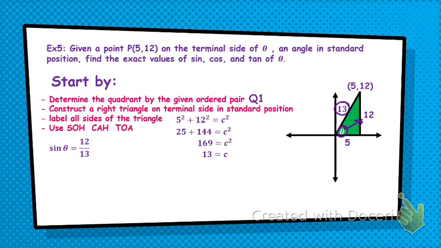The hypotenuse is 13. That's where that comes from. The cosine is the adjacent of that same angle, so 5 over the hypotenuse, 13. And then tangent would be opposite of the same angle, which would be 12, over our adjacent side, which would be 5. So this is what I'm referring to.